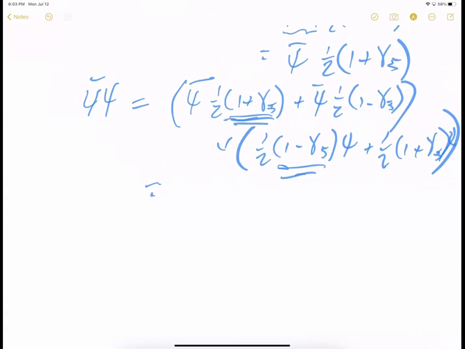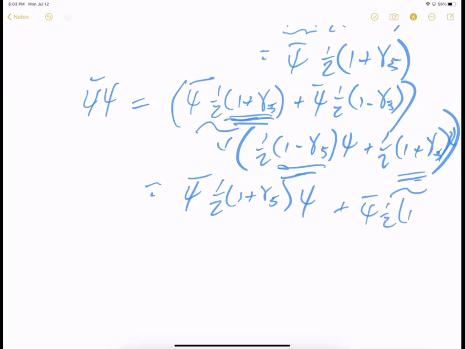On the other hand, 1 plus gamma 5 with a 1 plus gamma 5, it's a projection, so it squares to itself. So what I'm going to get here is a 1 plus gamma 5 with a psi. That's this one and the last one. And then we have another one that is psi bar a half 1 minus gamma 5 psi. And now, using the fact that these square again, this 1 plus gamma 5 on psi, I can write as a psi right.